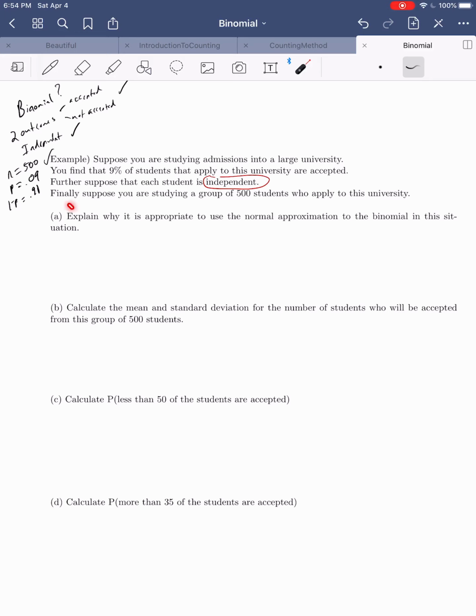So notice that the first thing we're asked to do here is explain why it's appropriate to use the normal approximation in this situation. So how do we do that? Well, we check that statistical condition. We do n p times 1 minus p. So let's multiply that out. N is 500, p is 0.09, and 1 minus p, we just said that's 0.91.